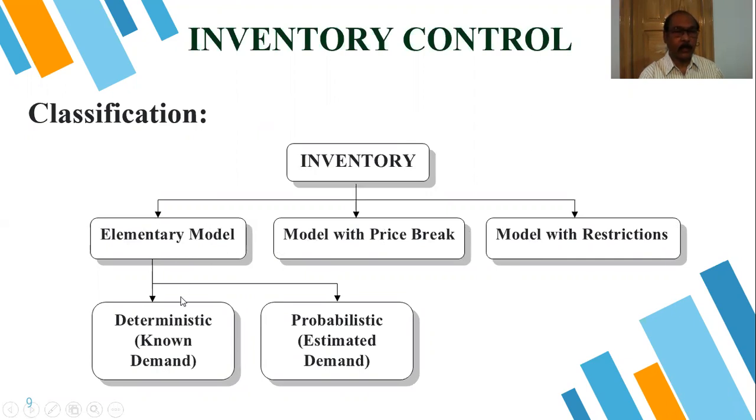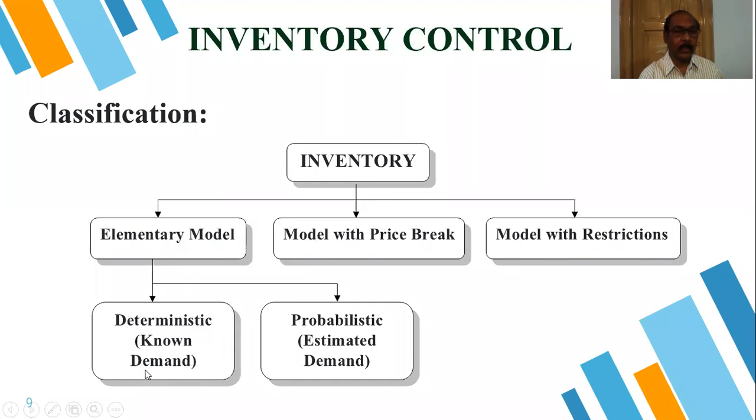Elementary model has two parts. One is the deterministic model, where demand is known. Whatever raw materials or semi-finished products we need to prepare the finished goods, we know that.